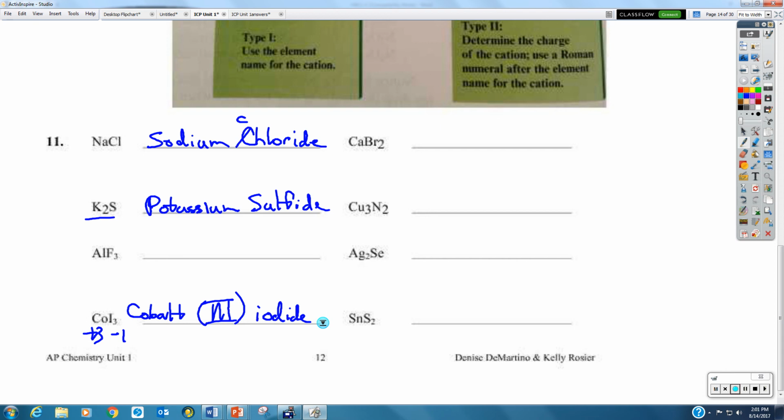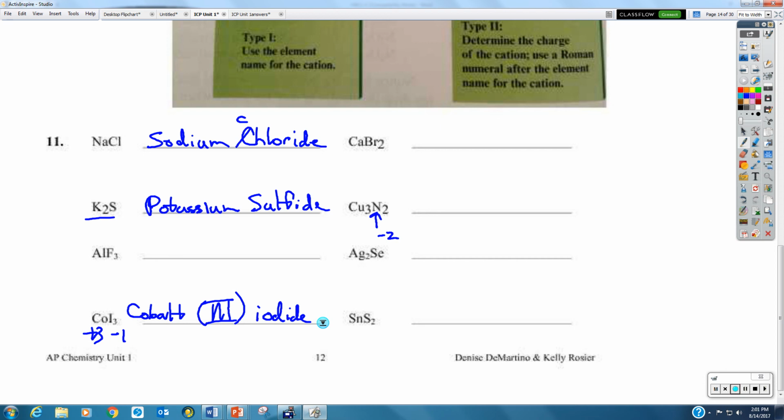And we'll do one other one. We have Cu3N2. Again, we have to look at the normal charge of nitrogen because that one is univalent. It only has one charge. Nitrogen's a -2. So if it takes 2 of those to respond with 3 of those, that's going to give us a -4 overall.